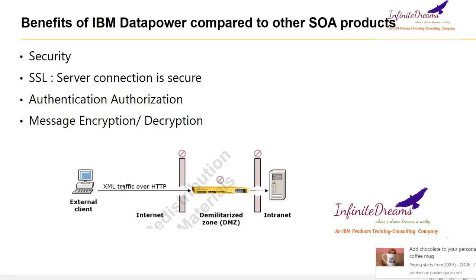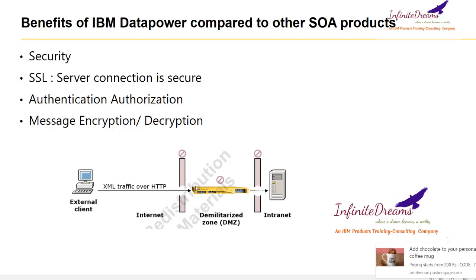Along with that, between the client and server, we want that this request should not be captured by third party intruders. So in that case, we want this request to be encrypted, and whenever it reaches Data Power, it should be decrypted.